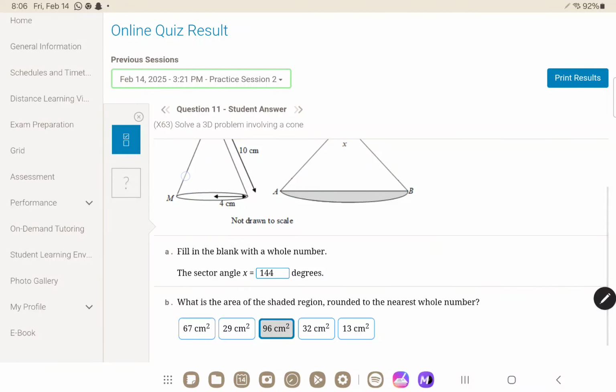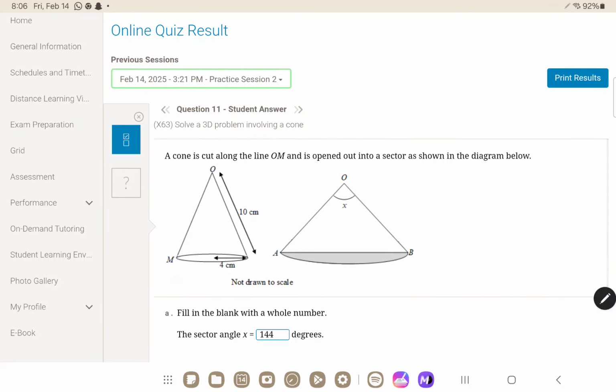Now for part B, what's the area of the shaded region? The area of the shaded region is equal to the area of the sector minus the area of the triangle.